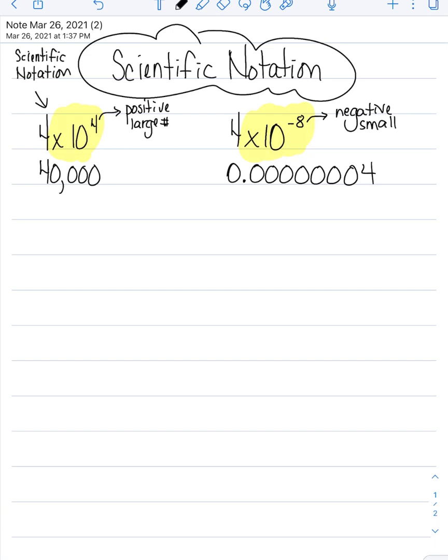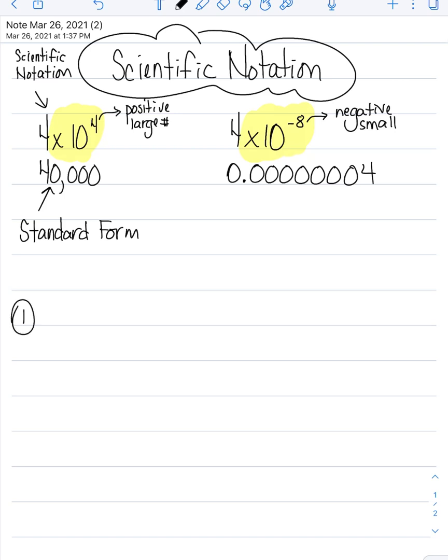Once we expand it out, like we did on the bottom, that number is said to be in standard form. So what we're going to practice today is rewriting numbers in scientific notation or standard form, or going both ways.